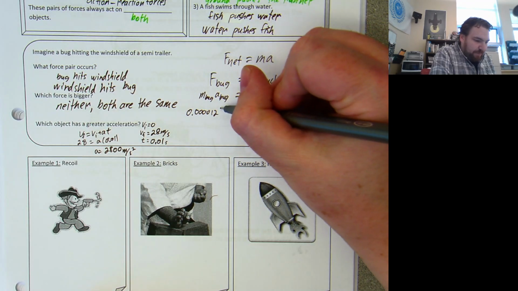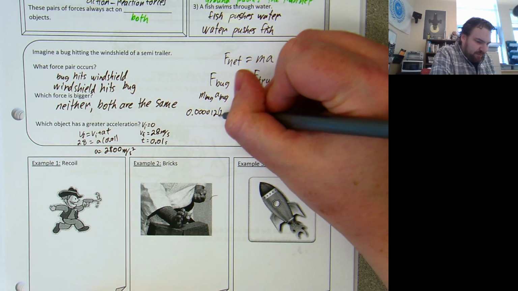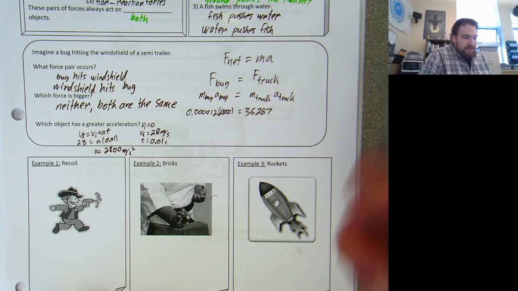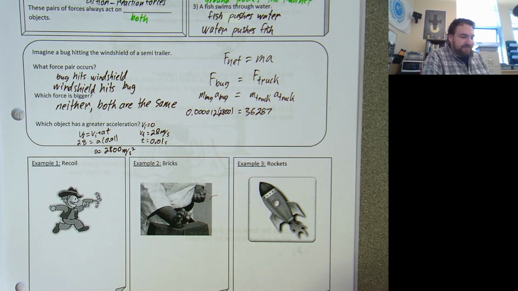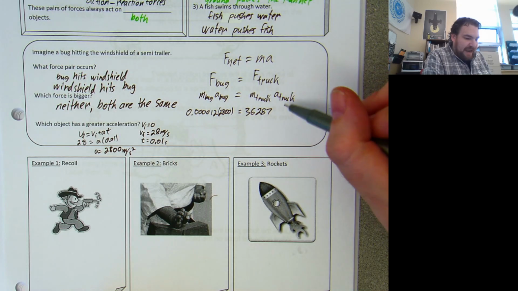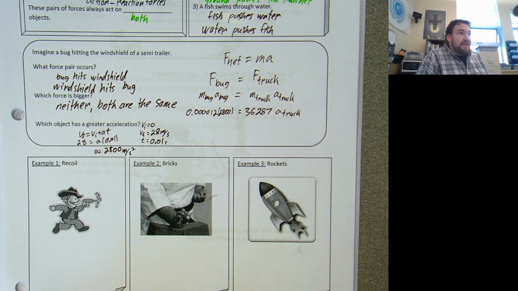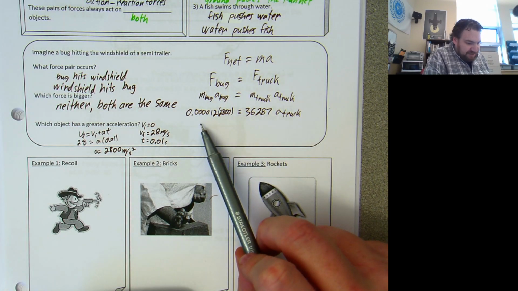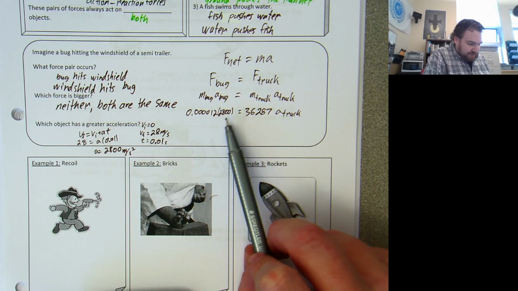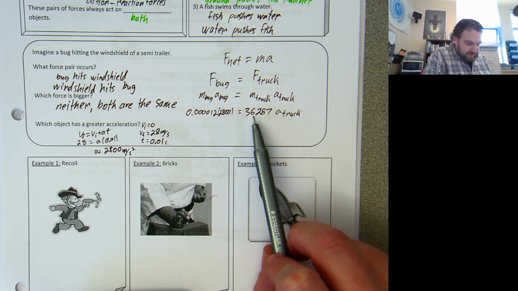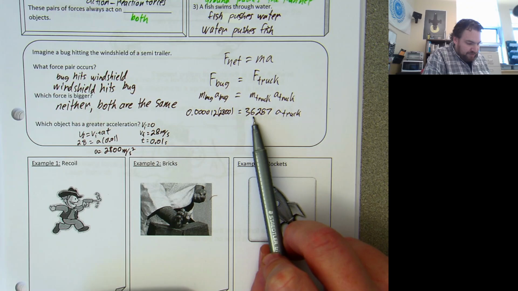So we're going to take that value and plug it in for the acceleration of the bug, and figure out what the acceleration on the truck is. Because the forces are equal and opposite, the acceleration on the truck is going to be this mass, 0.000012 times 2,800 divided by 36,287.